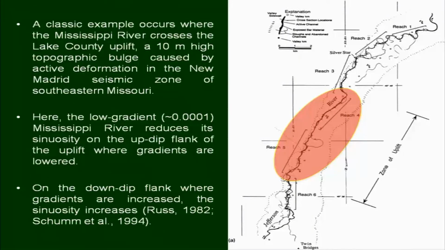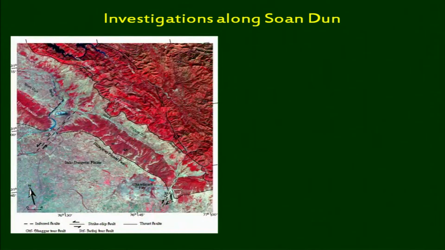So this is the zone of uplift which has been marked by the red portion. Investigation along Soan Dune, this is what I was showing, but now I would like to discuss this in a little bit greater detail. In the previous lecture I was showing the portion from this area, that is a warping which we identified, and where we talked about the drainage pattern.